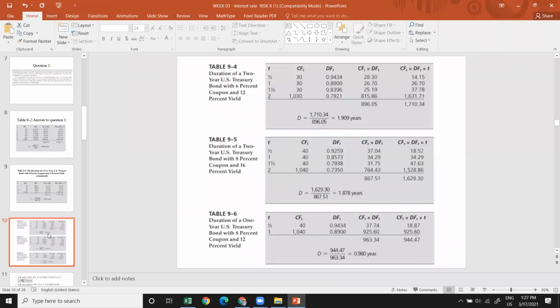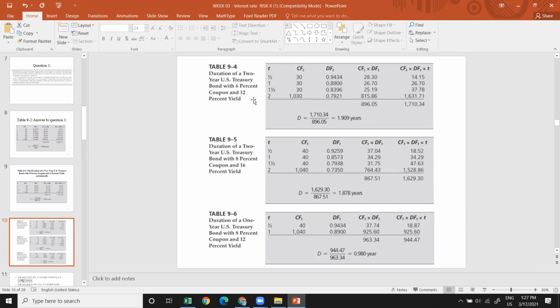And we continue with duration of the 2-year treasury bonds with 6% and coupon 12% yield. Okay, I'm not going to illustrate. It can be done easily. It's semi-annually. And we have 2 treasury bond with 8% and coupon rate 8%. Look, we are changing the coupon rate.